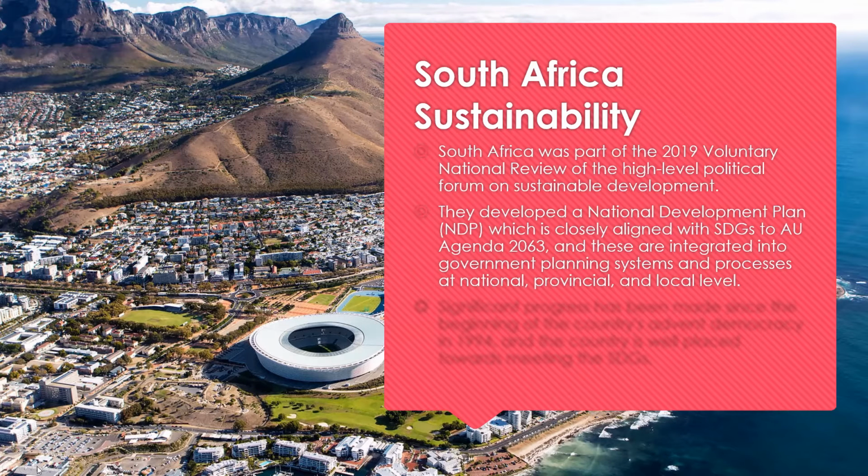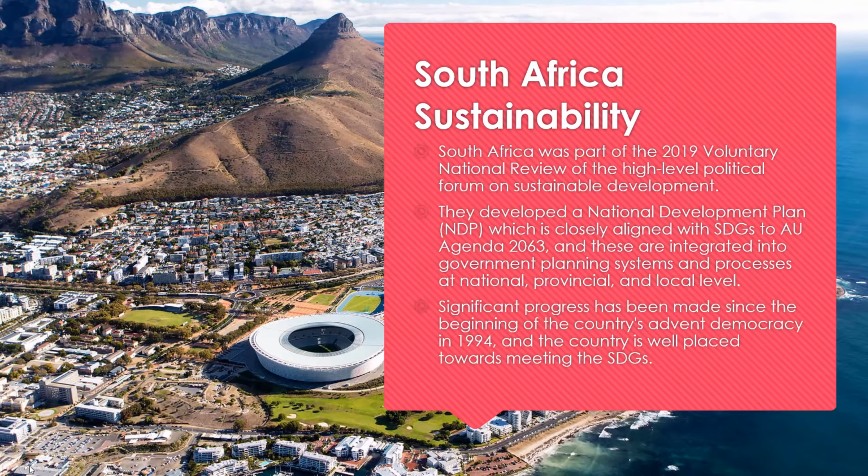These programs are in line with the UN's SDGs, reporting in 2030, and also the agenda of the African Union in 2063. So they're trying to work on sustainability with this National Development Plan.